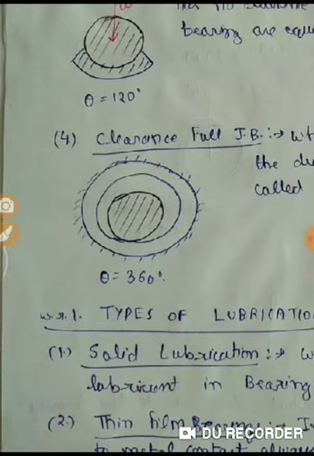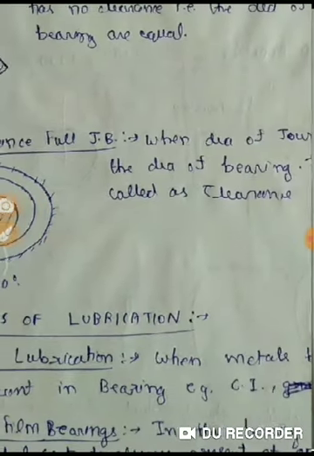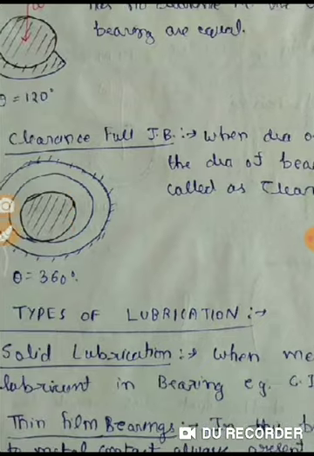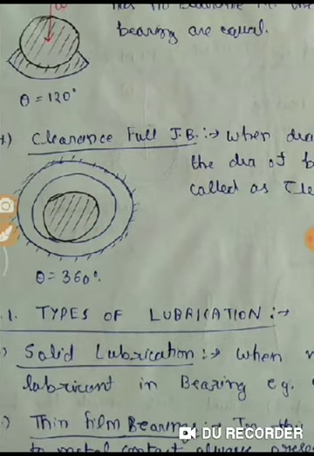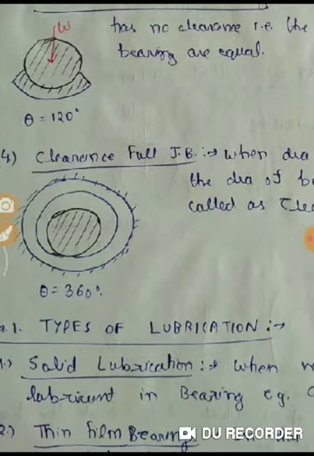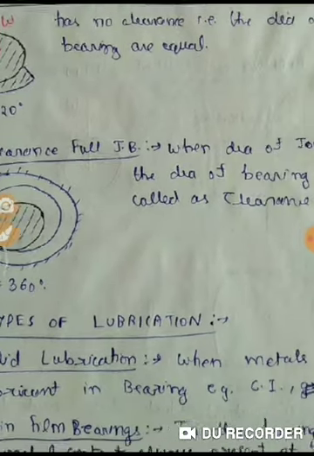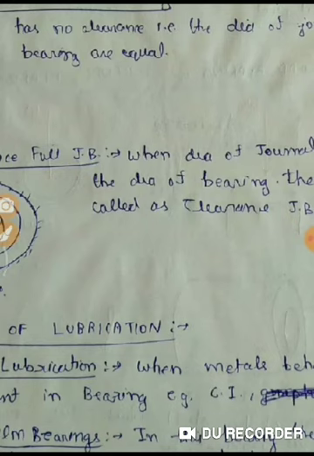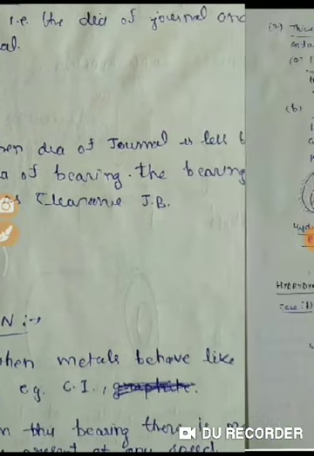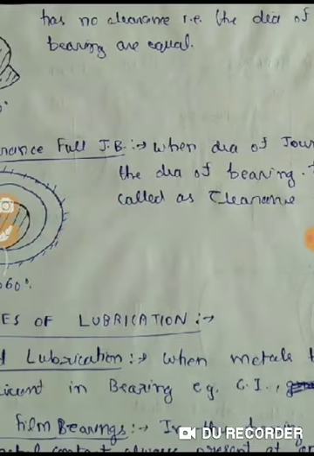Now next is the classification with respect to type of lubrication. These are further classified into different types according to the type of lubrication provided in the bearing. First is solid lubrication. Solid lubrication is when a metal or solid lubricant is used in between the bearings.